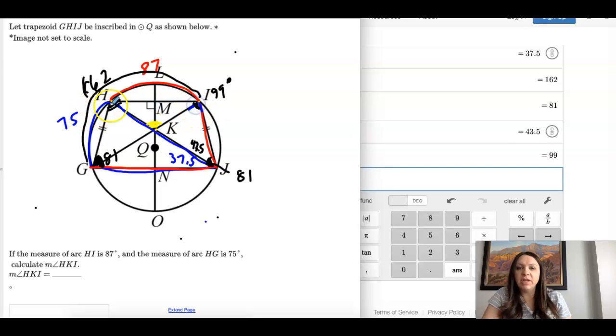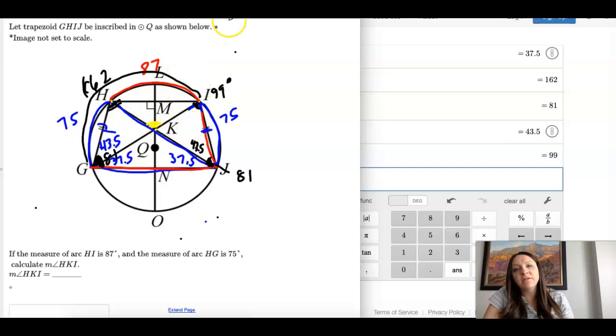But I'm wondering if we can get those split in half somehow. Let's see. Let's use our arc lengths that we have here. So that's 75. These are congruent because of this, right? This would be 75. That would be 37.5, 43.5. I'm just labeling everything I know, guys.